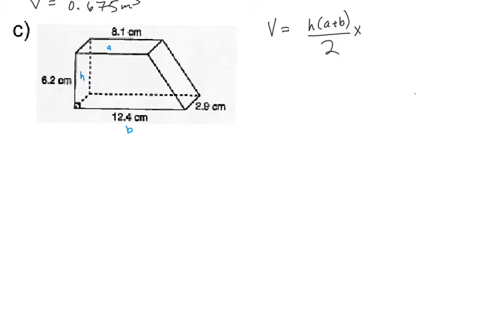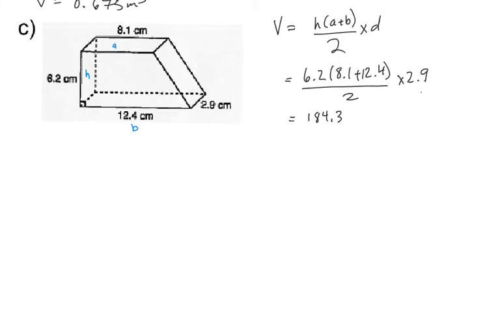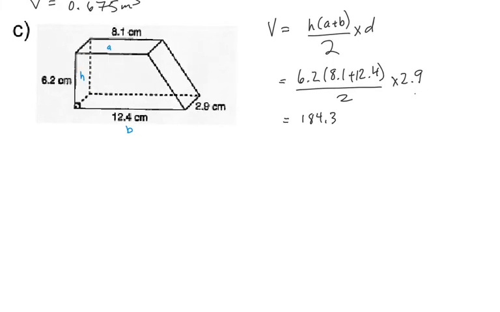So that's d, which is 6.2 times (8.1 plus 12.4) divided by 2, and then we're going to times it by 2.9. Doing all of this as one calculation gives you the following solution: 184.3 centimeters cubed.